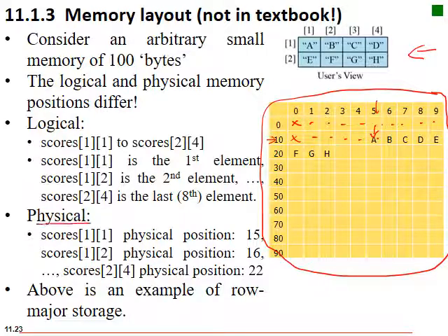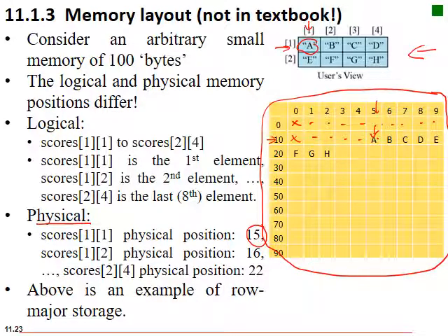So in the physical memory, you can see scores 1, 1. In other words, if we refer to that element there, we typically refer to it as row, column. So scores 1, 1 is typically stored at physical memory position 15.